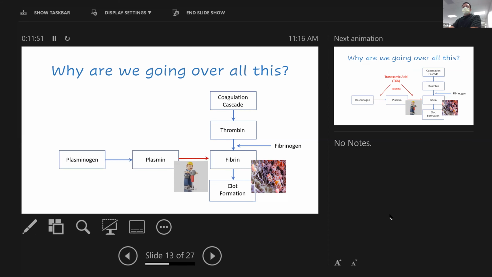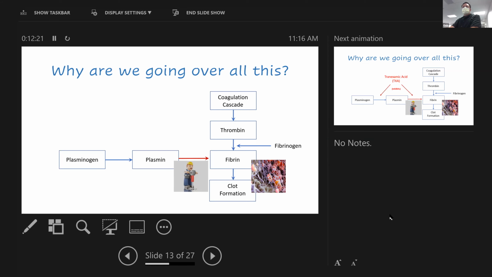And we talked about how plasminogen is a soluble form of plasmin that rides around in the bloodstream and minds its own business until it encounters an injury to the endothelium, in which case plasminogen is converted to plasmin, and plasmin works against fibrin. It tries to undo that scaffolding and inhibit clot formation. We don't want that in the setting of acute trauma.